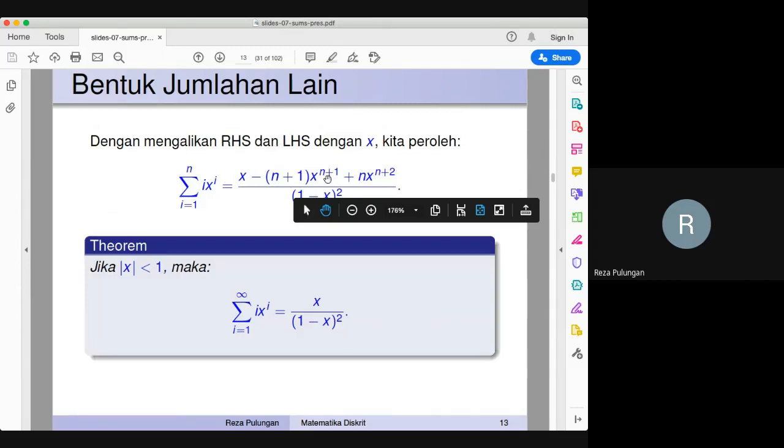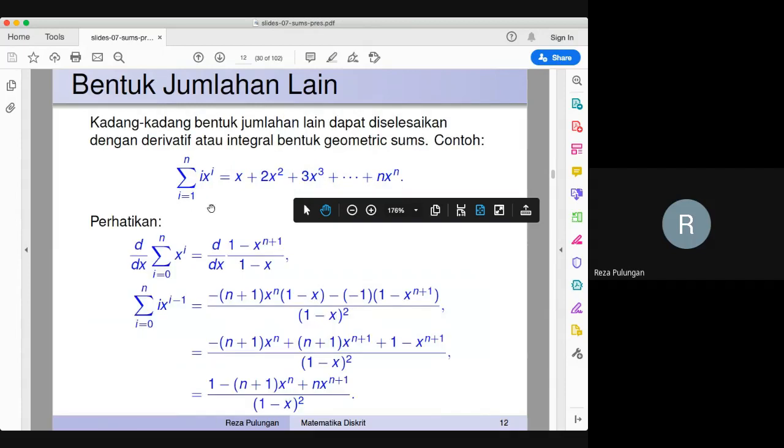So completely, we have this. What about the boundary here? The boundary here starts from i equal to 0, while here i equals 1. So what can we do? This is actually easy. If you start from i equal to 0, then this i becomes 0.